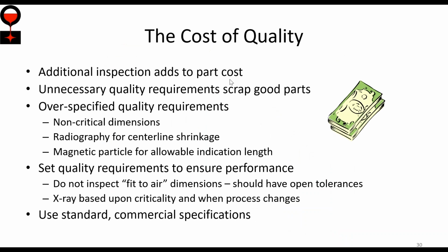Everything you ask us to do, we have to pay somebody to do. So when you over specify quality requirements, it takes us longer to make the casting, and it makes it more expensive for us to make the casting. One of our biggest problems right now in quality is many of our large customers have taken the castings that used to be produced in North America and have gotten low-cost producers in other parts of the world.